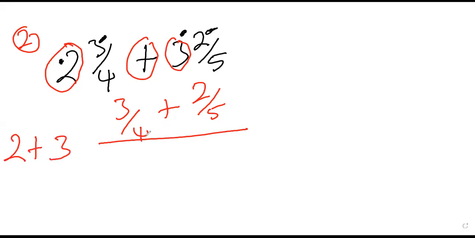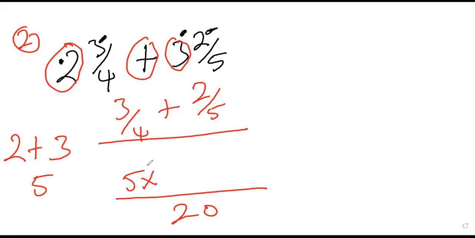All right, so you have 4 right there and 5 right there. Now automatically this is going to be 5. And you have 4 and 5, so you're going to have 20 here. Then you're going to say, how many 4s can you get in 20? It's going to be 5.